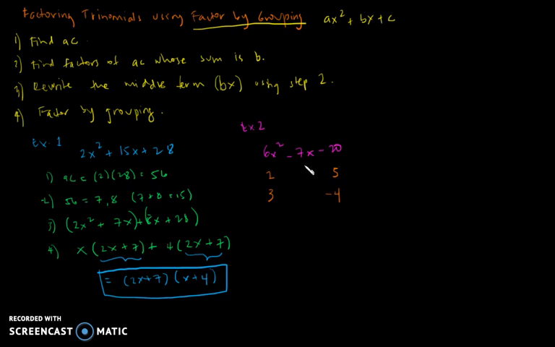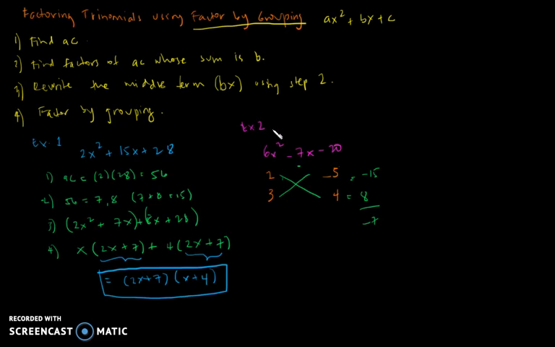So how about negative 5 and 4? Let's cross multiply. This gives us 8, then negative 15, and if we add these, negative 15 plus 8 gives us negative 7. So we're good with our middle term.